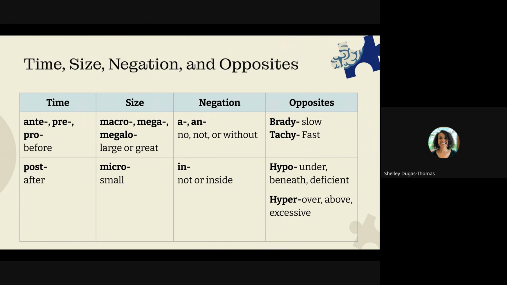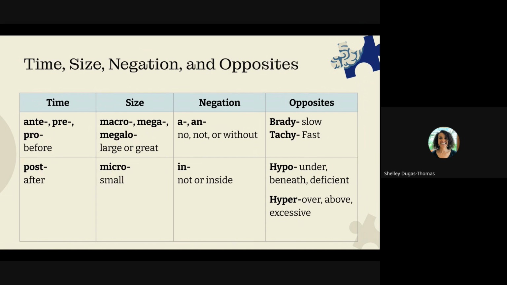So, this matrix helps categorize structural meanings so you can memorize patterns rather than individual words. This, once again, is a really good tactic when studying words to categorize them. So, negation, notice A or AN, it means without or absence of.